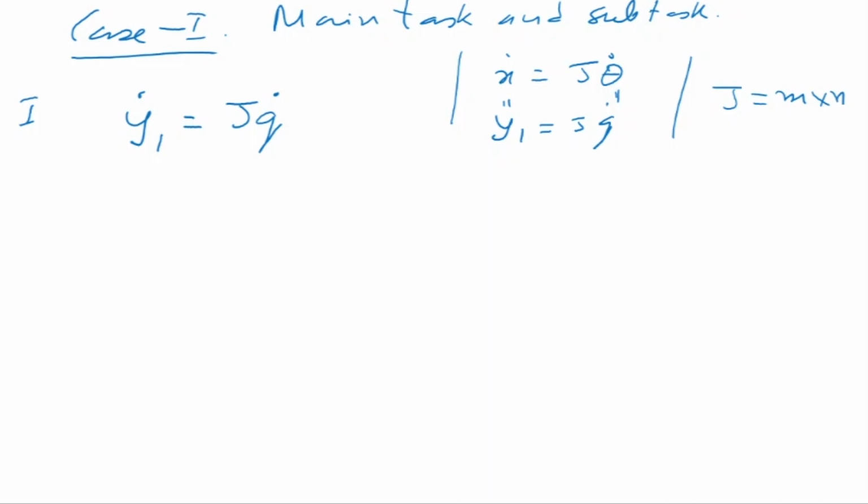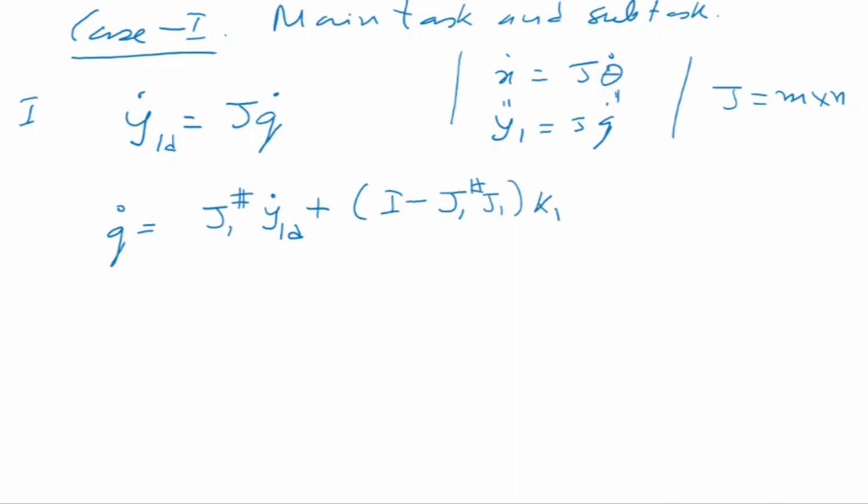So in this case your q dot becomes equal to j1 hash into y1 dot, let's call it first task desired, plus I minus j1 hash into j1 into k1.